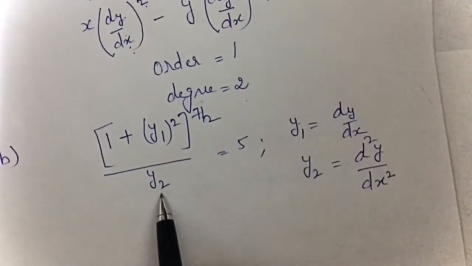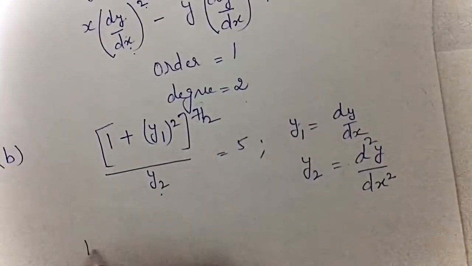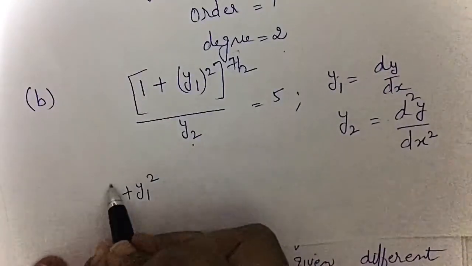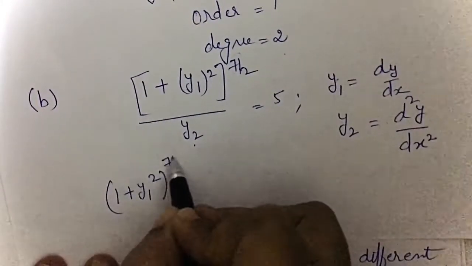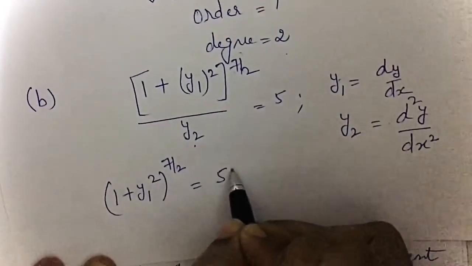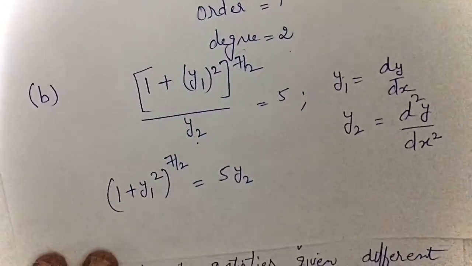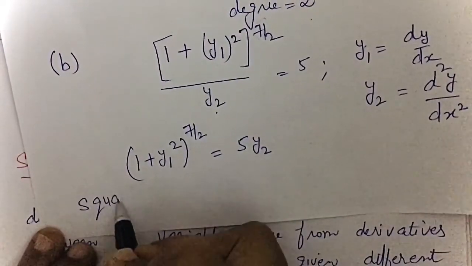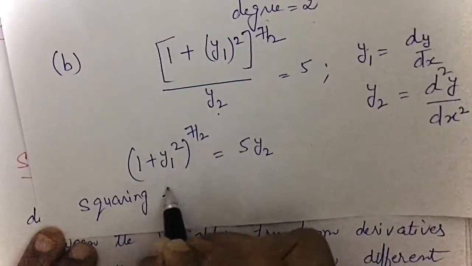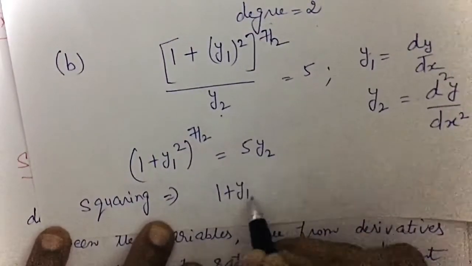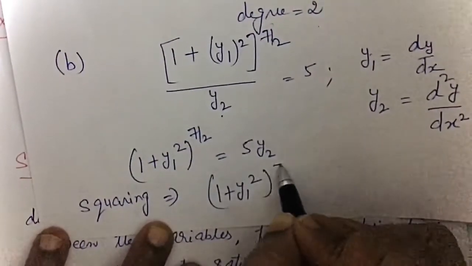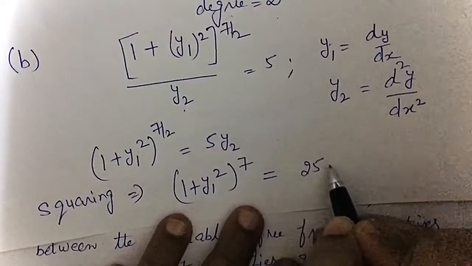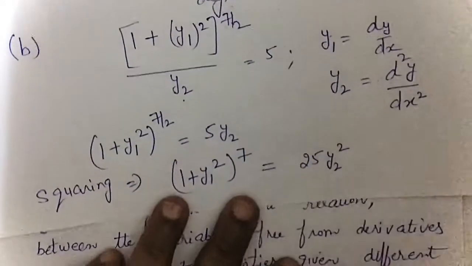So to remove the fraction, we cross multiply it. 1 plus y1 square is equal to 5 into y2. Now squaring on both sides. 1 plus y1 square power 7 is equal to 25 into y2 square.